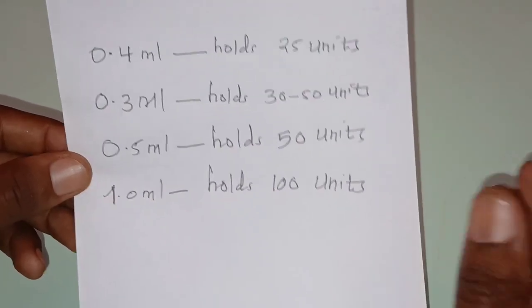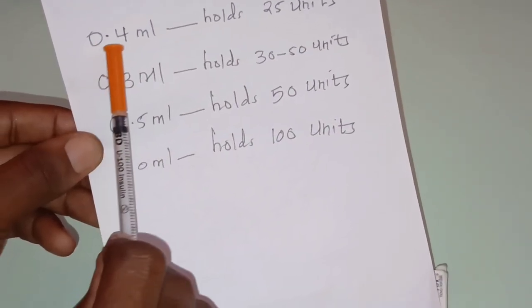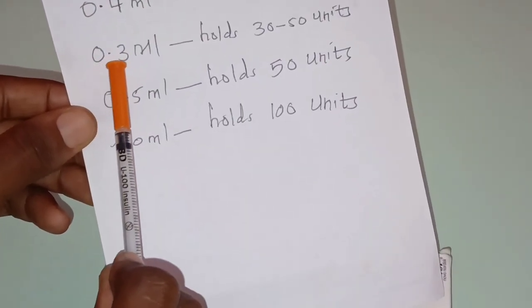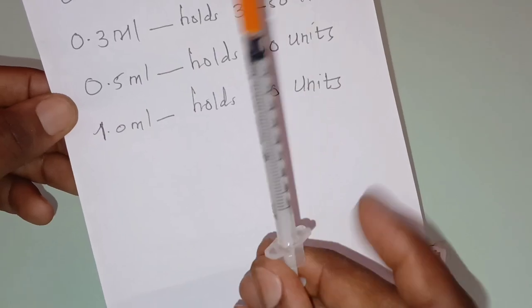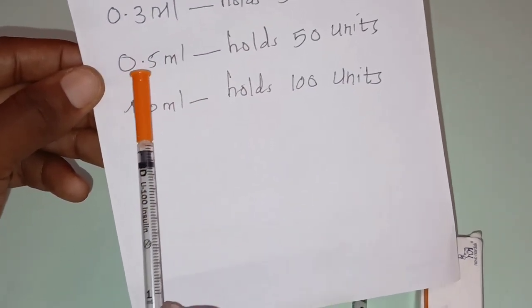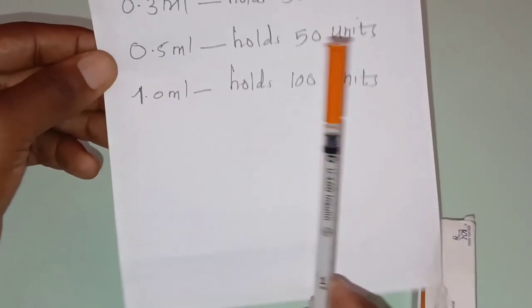If you want a smaller dose, you will require a syringe with a smaller size, that is the 0.4 ml or 0.3 ml. If you want a higher dose, you will require a larger syringe, that is the 0.5 ml or 1.0 ml syringe.